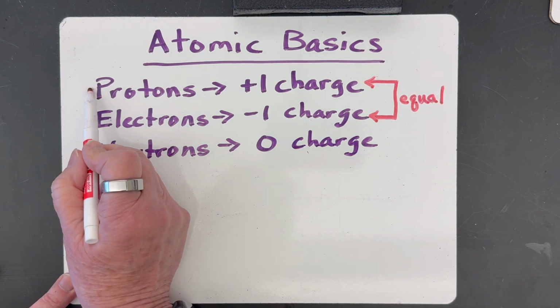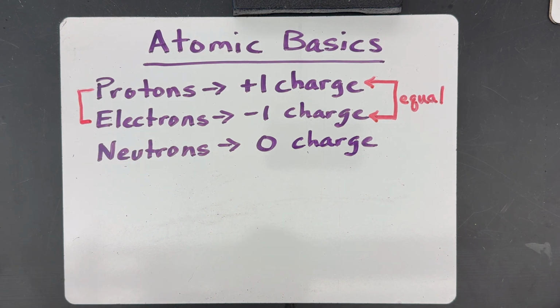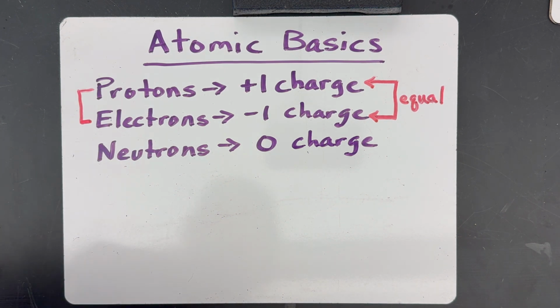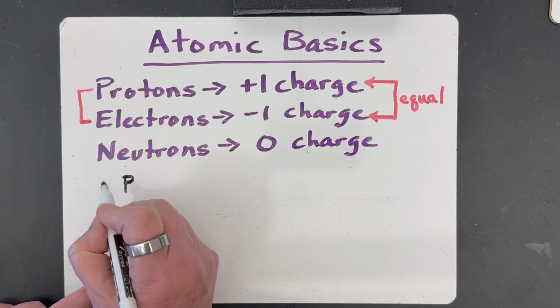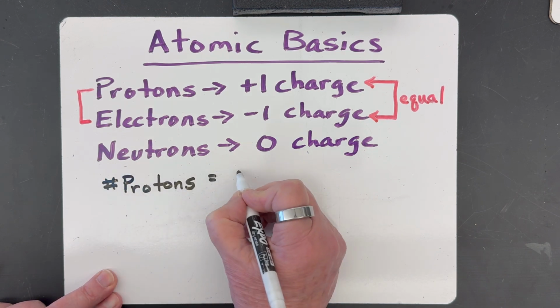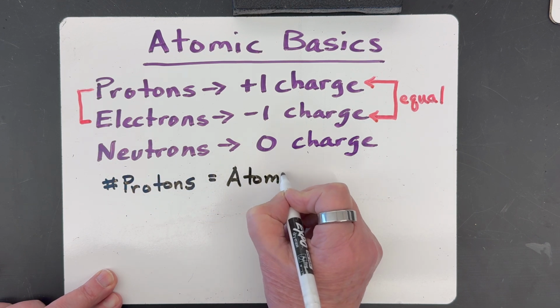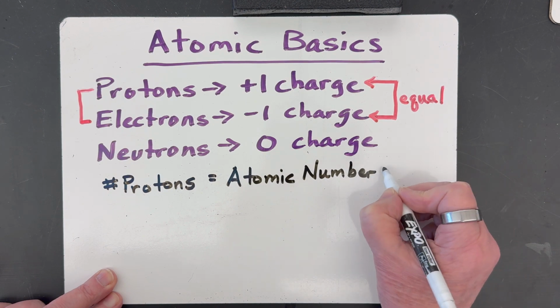So number of protons equals number of electrons. The way we figure out the number of protons, if it's not given in the problem, is that the number of protons equals the atomic number of an element, and you can find that on the periodic table.